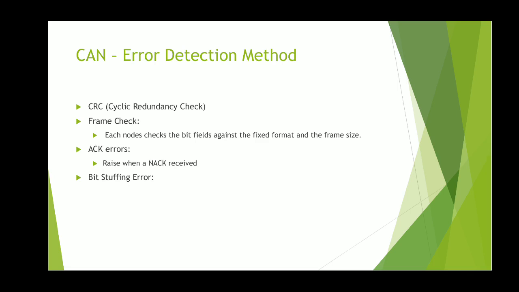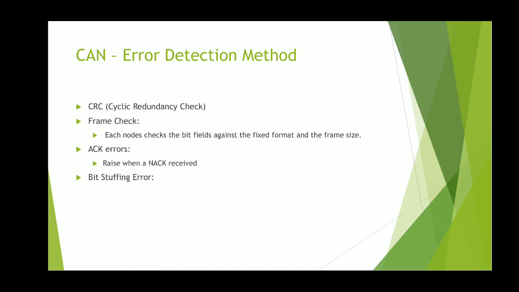When a receiver receives a frame, it will check for frame integrity using a frame check. Then it will check for bit stuffing errors. And if the frame integrity is found okay, then it will look at the CRC field, and this CRC field contains the checksum of the data.